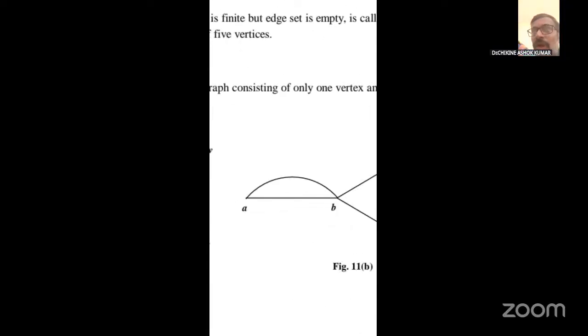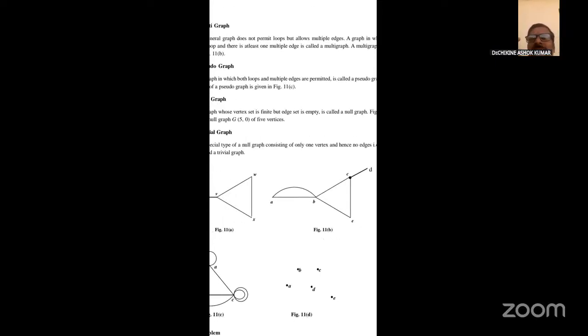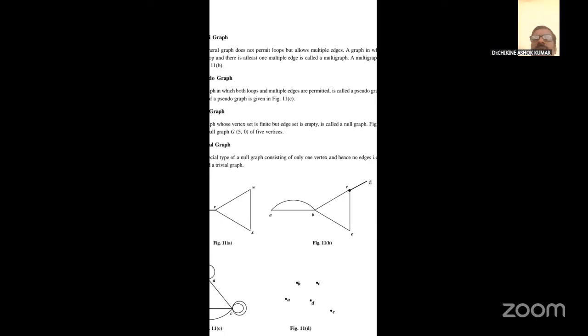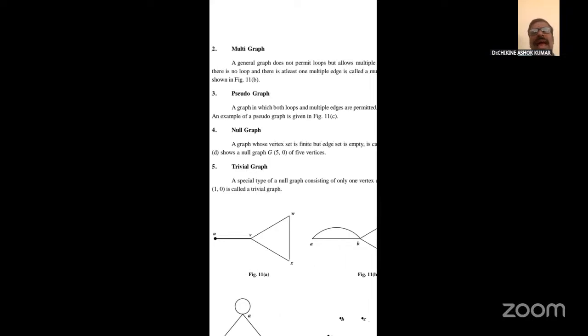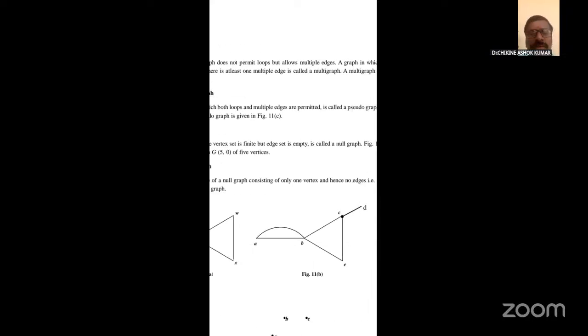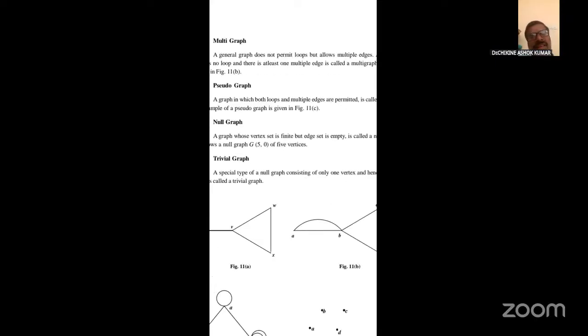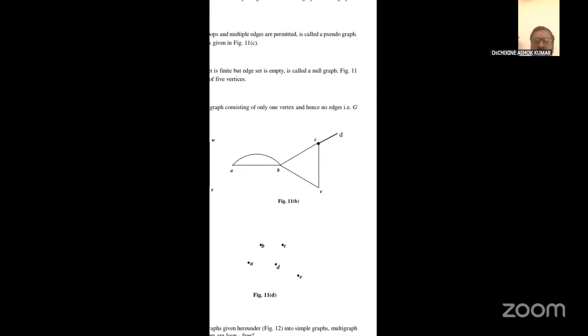So two vertices A and B are connected with two different edges. This kind of graph is called a multi-edge graph, or multigraph. See the definition: a graph in which there is no loop and there is at least one multiple edge is called a multigraph. A multigraph is shown in figure 11b.